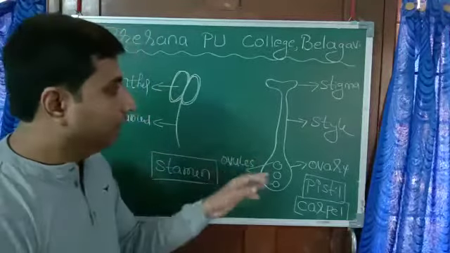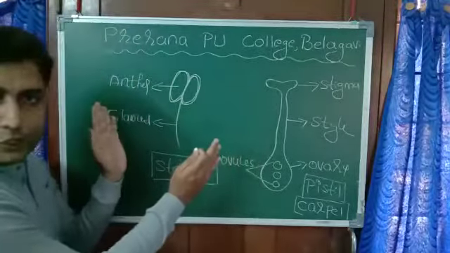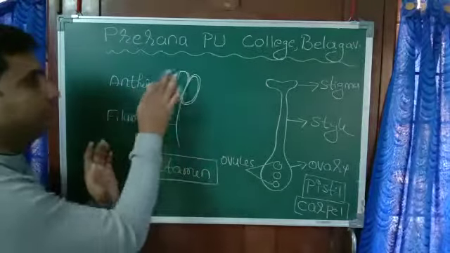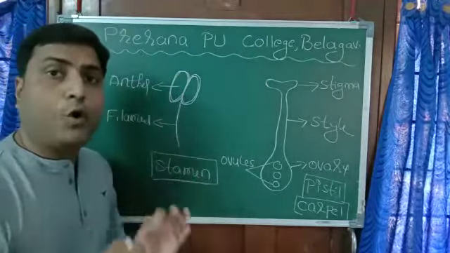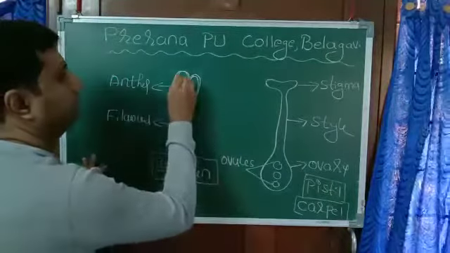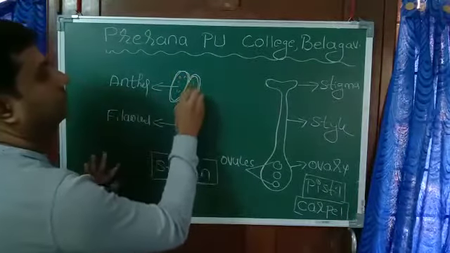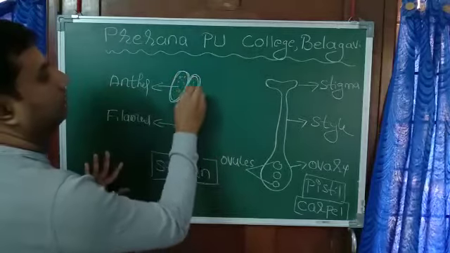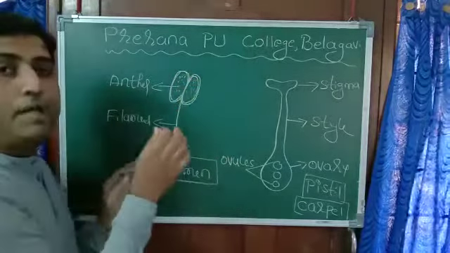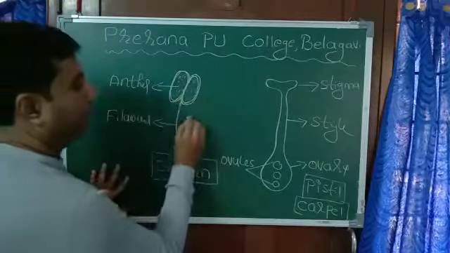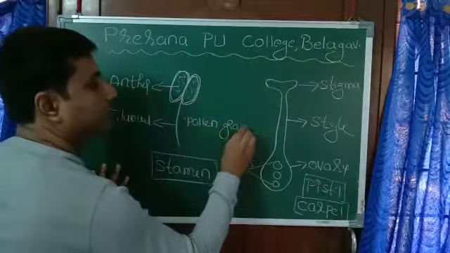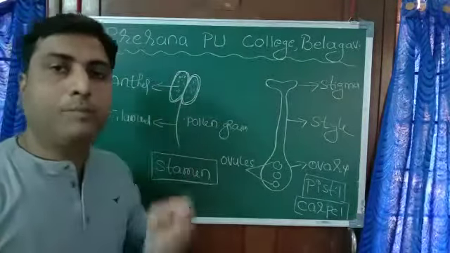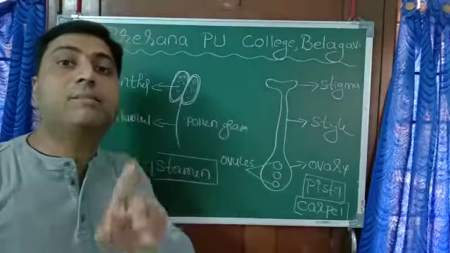Now first, coming to the male reproductive structure, that is the stamen. This is the anther. In the anther, numerous pollen grains are formed. And we have to remember, the pollen grain contains male gametes.